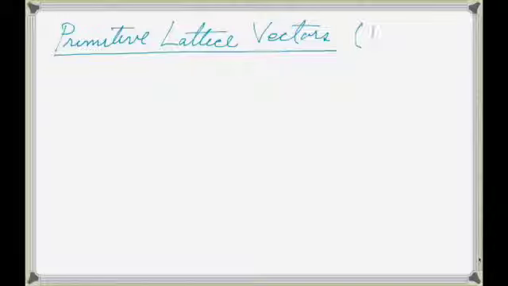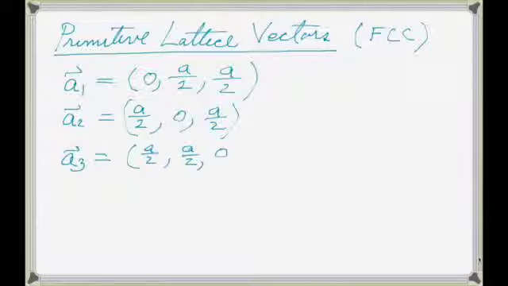And so these are for your face-centered cubic structure. You've got A1 is equal to 0, A over 2. Notice these are not orthogonal vectors.